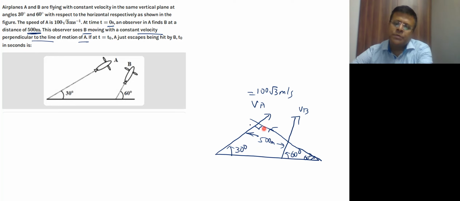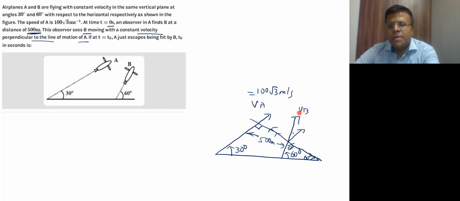Now we can form two components of this velocity. We can say one is the perpendicular component and one is the horizontal component, let's say. So this angle is also going to be 60 degree from the geometry here.